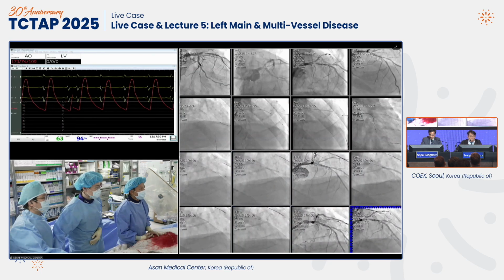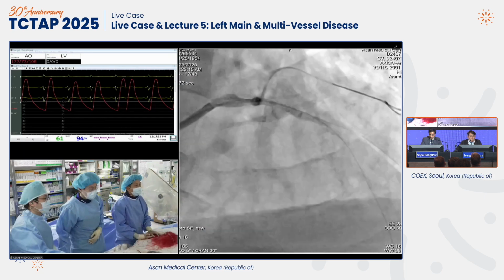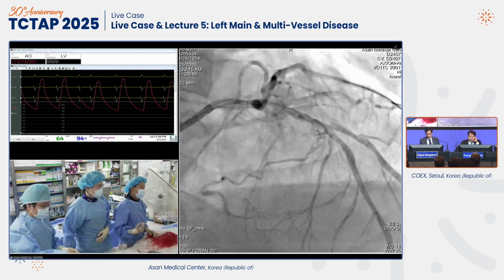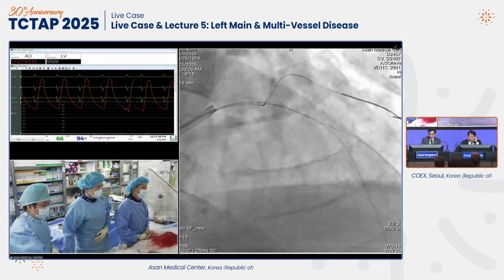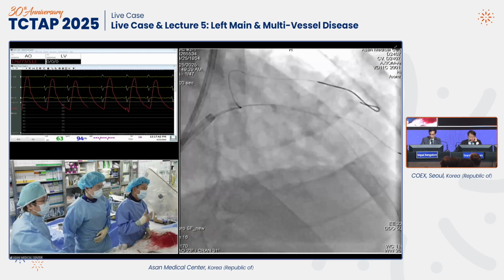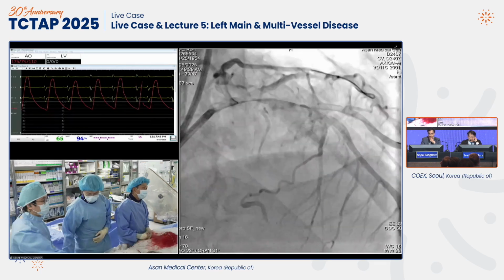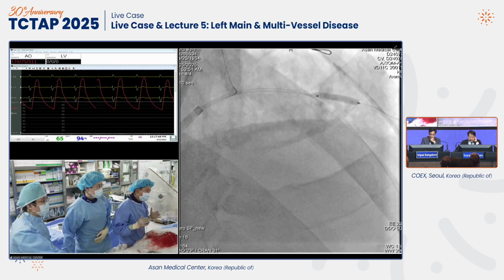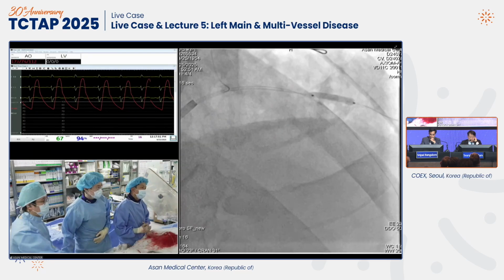Because the dissection was significant and the diagonal was big with a collateral feeder, we decided to open everything. This is the 2.5 NC to fully open the calcified diagonal.